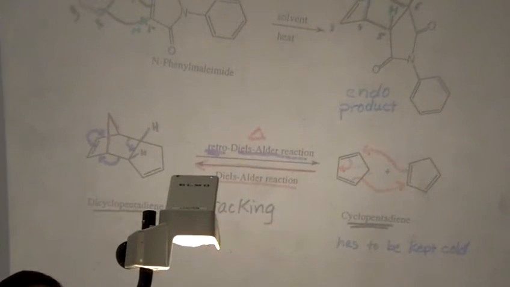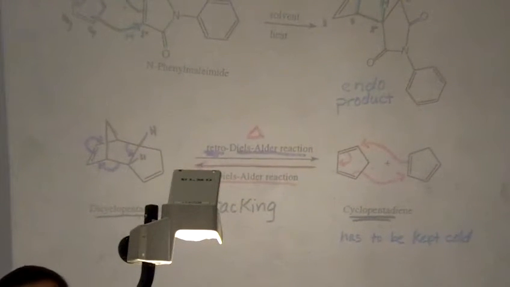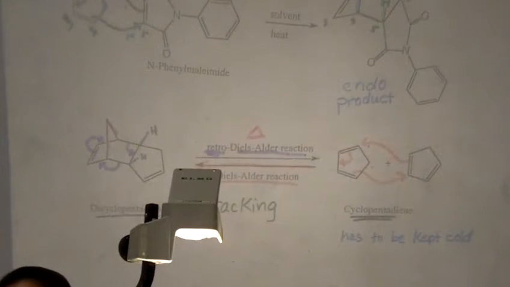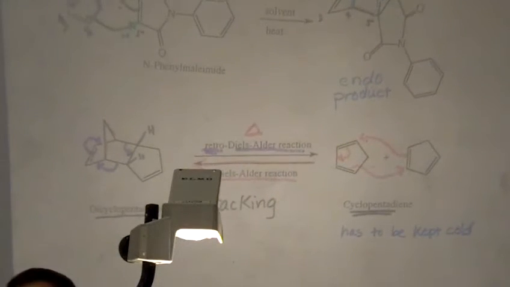Because the cyclopentadiene has a really good setup to have a diene and a dienophile, it can do Diels-Alder reactions with itself. And so what we have to do is what's called cracking the dicyclopentadiene, and it's a retro Diels-Alder reaction. We're basically going to undo the Diels-Alder reaction that gets to the dicyclopentadiene to get singular cyclopentadiene, okay?